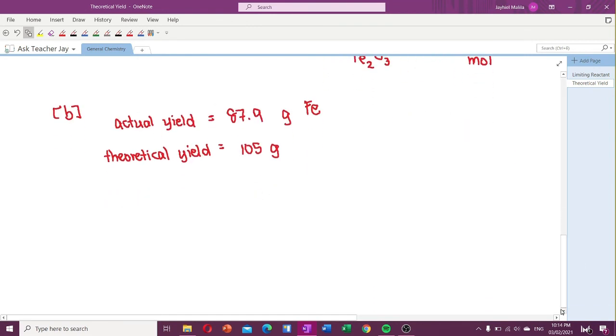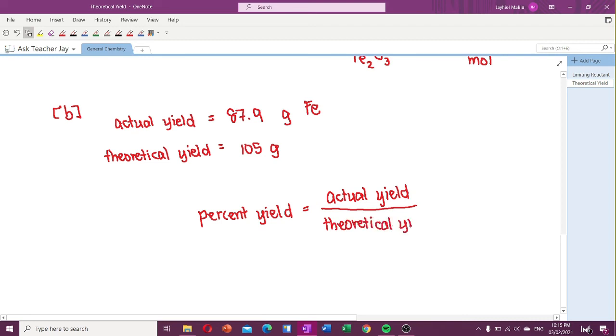Remember that there is an equation relating the three. Percent yield is equal to the actual yield over the theoretical yield, multiplied by 100.